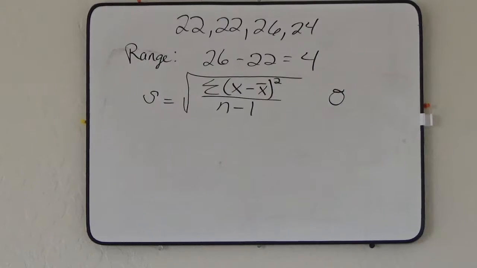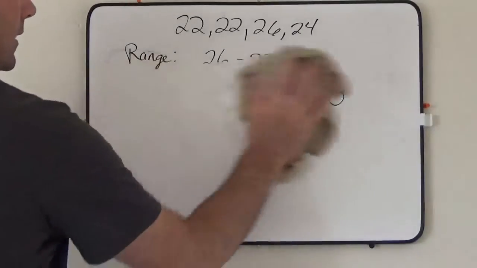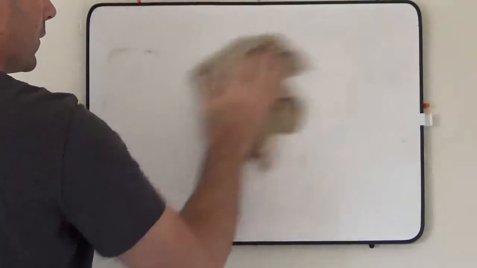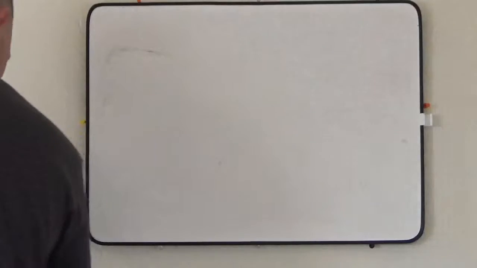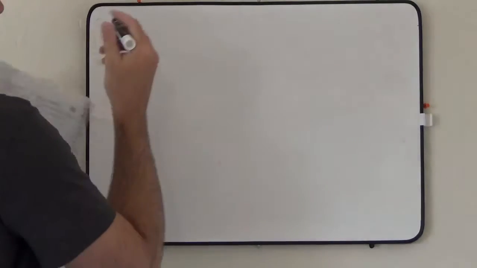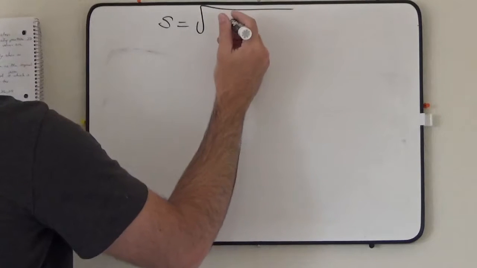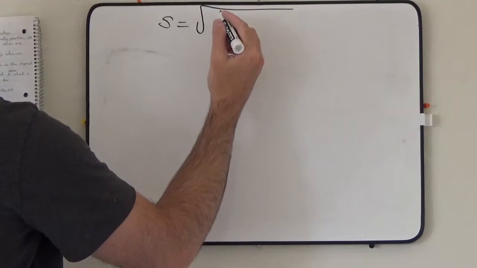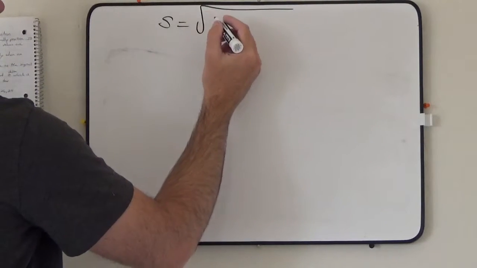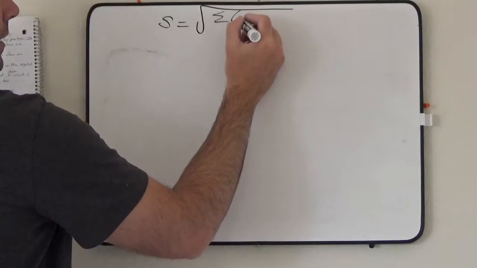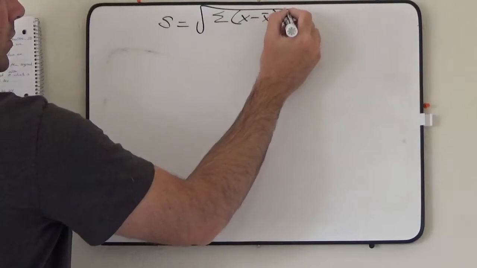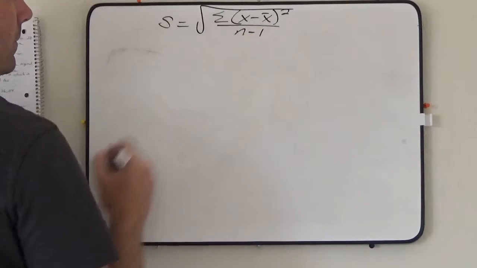So we're going to solve standard deviation using the formula I have here. I'm going to erase all of it. I'm going to rewrite the formula to where we can see it. Hopefully I don't rewrite it too small because we need space here. Alright, so this is the sum of x minus the mean squared over n minus 1.